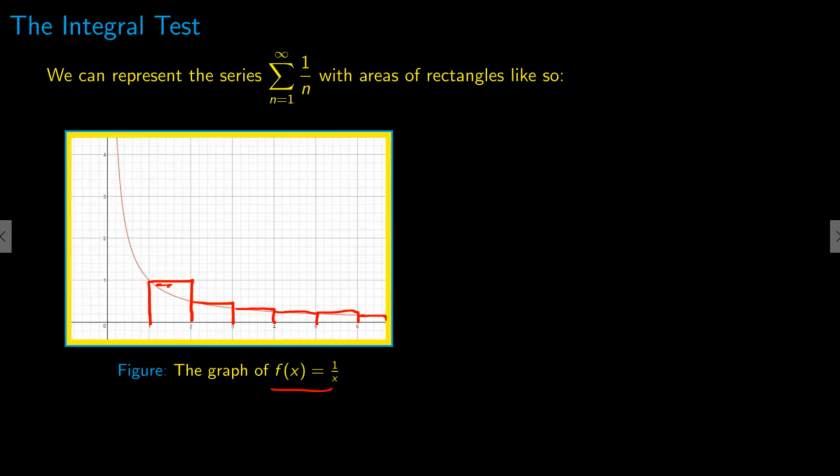So I get these extra chunks of area in my rectangles. And what this means mathematically is that the integral from 1 to infinity of 1 over x dx is going to be less than or equal to my series, if I add up these areas.